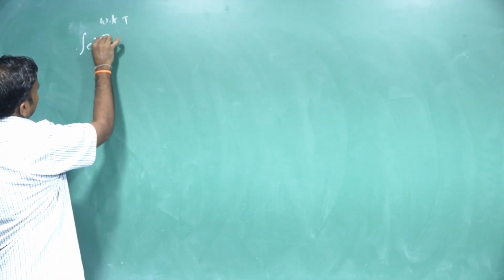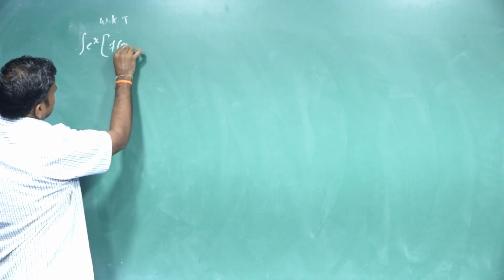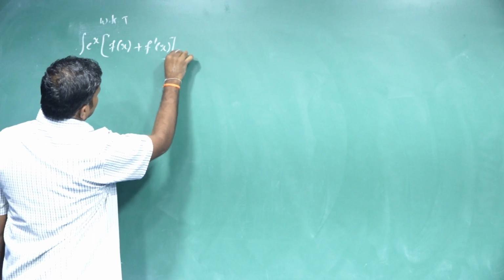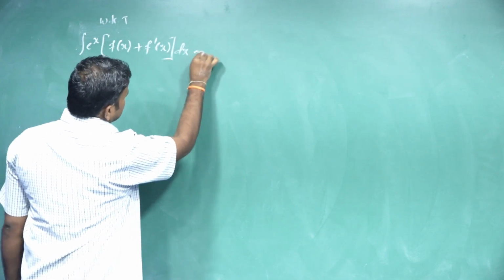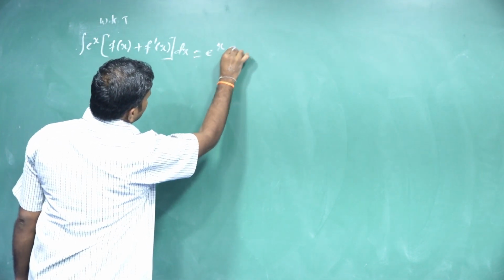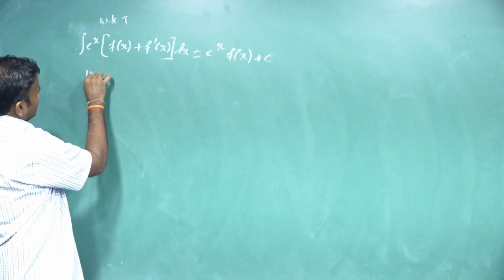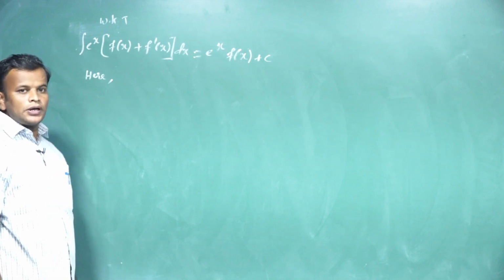Now we write the formula. Integrating e power x into f of x plus f dash of x dx is equal to e power x into f of x plus c. It is a formula.